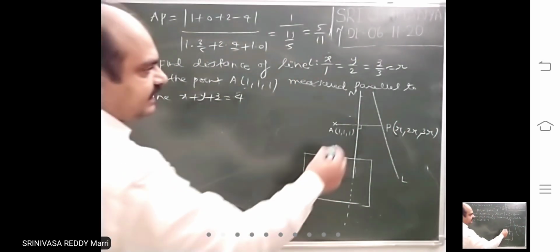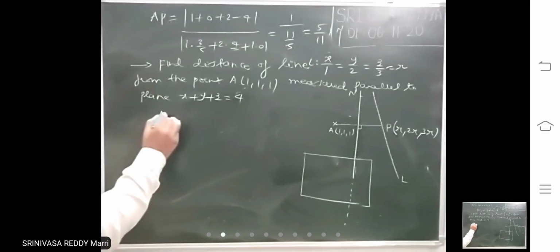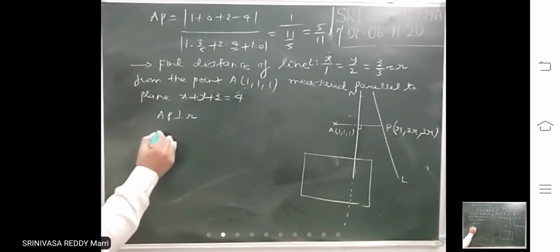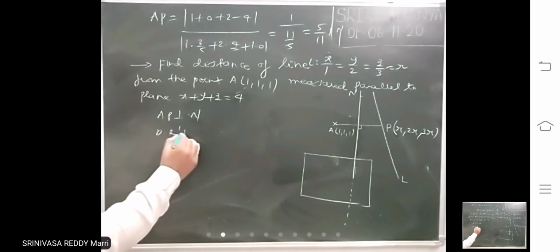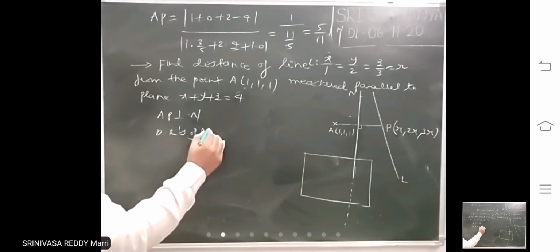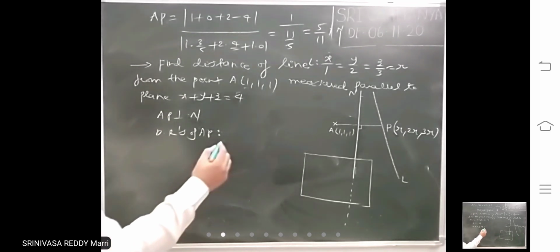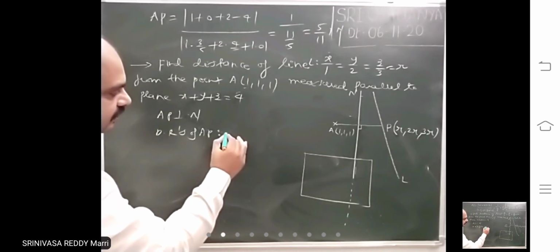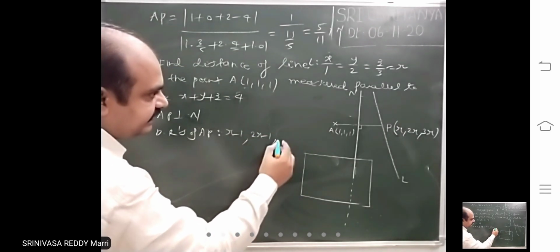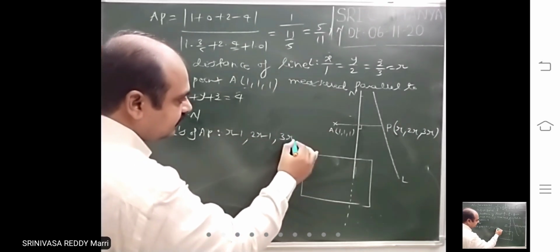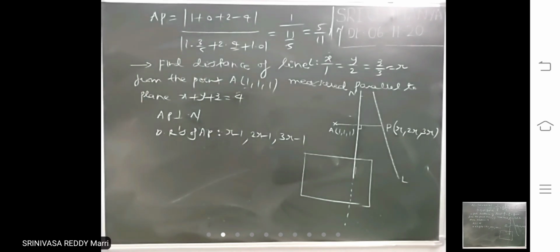Now it is clear that AP is perpendicular to N. DRs of AP are R minus 1, 2R minus 1, 3R minus 1. DRs of AP line.